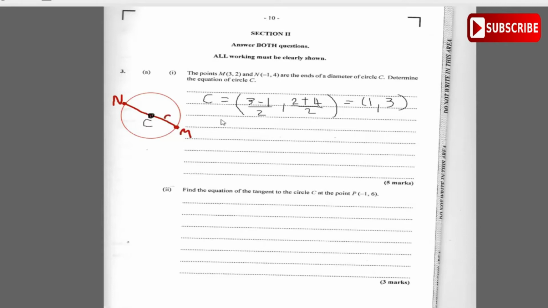So the radius r is equal to the distance between C and M. Using the distance formula, it's going to be 1 minus 3 squared plus the difference in y values, 3 minus 2 squared, and that will be equal to r squared.